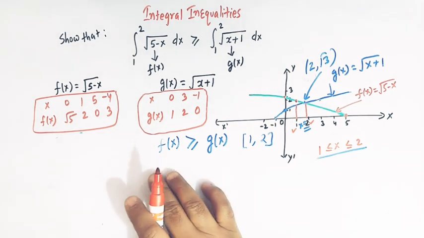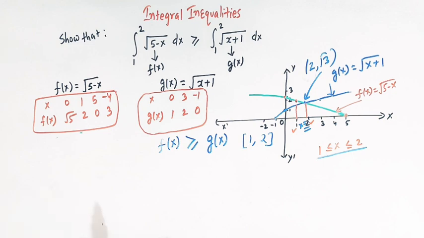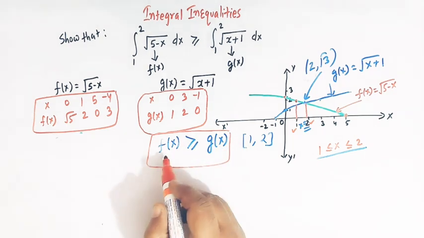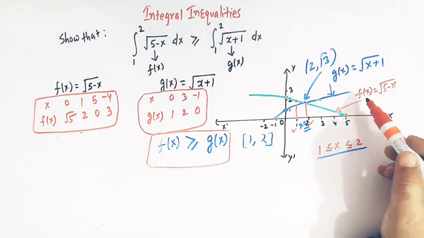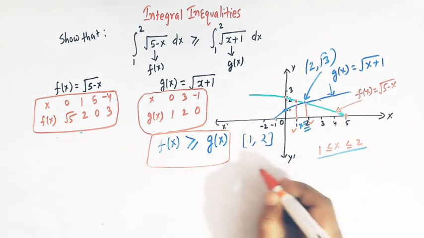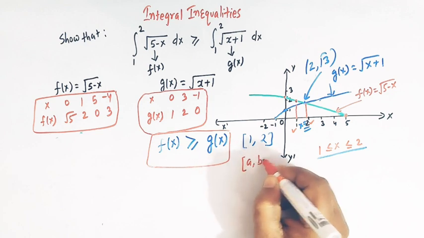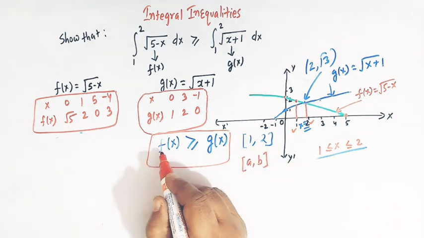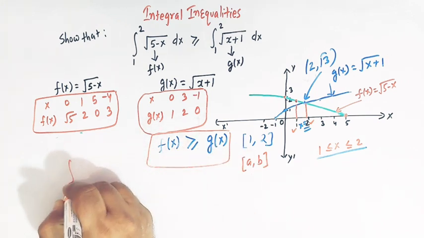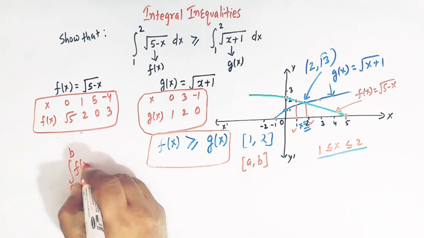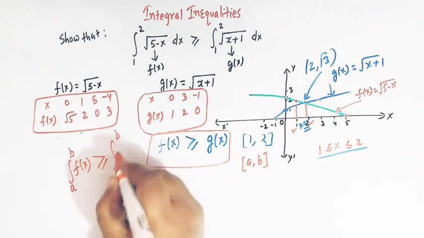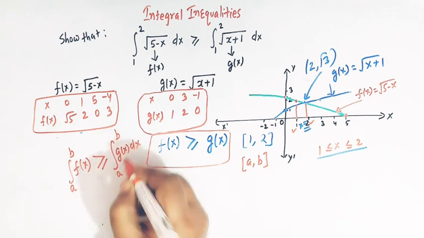Now here we apply an important property from definite integrals. If we have two functions f of x and g of x, as we have here, and the interval is given as 1 comma 2, and in general if we have the interval a comma b, and f of x and g of x satisfy this property, then the integral from a to b of f of x should be greater than or equal to the integral a to b of g of x dx, right?